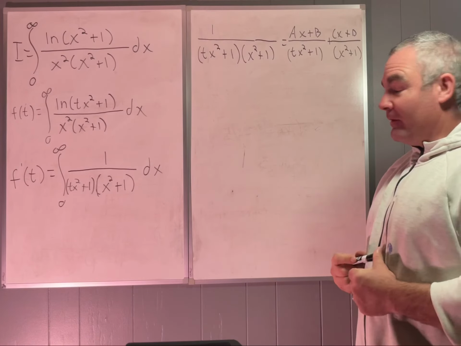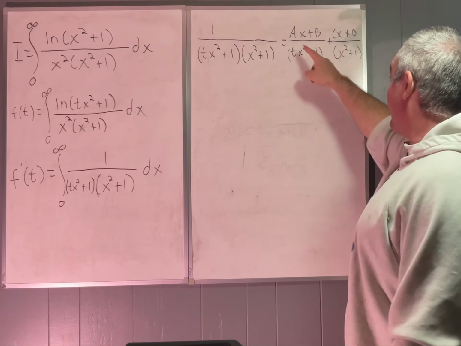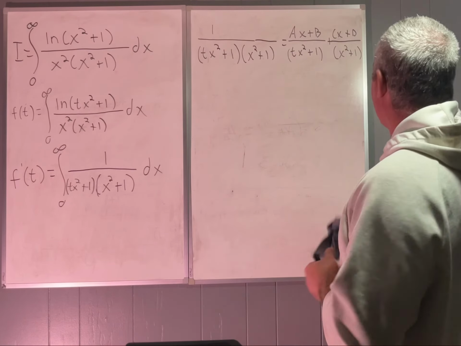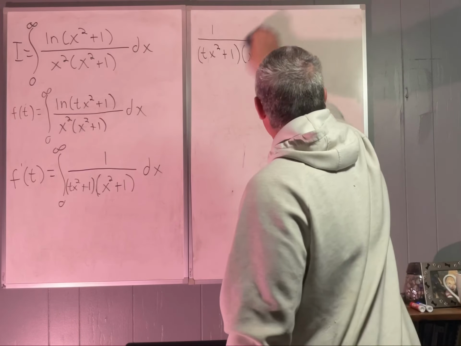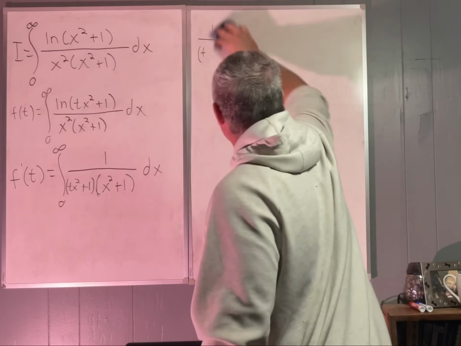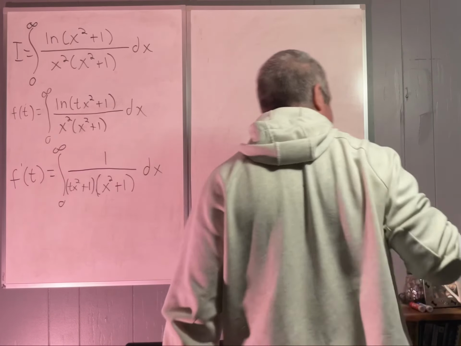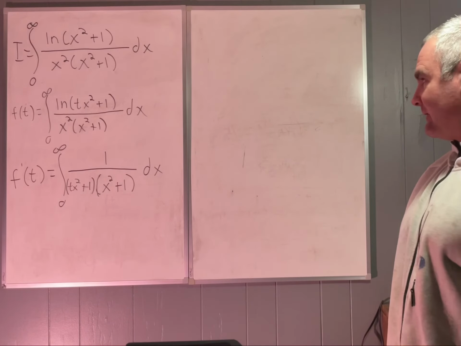And then that's a lot of algebra, but you can solve for A, B, C, and D that way. I'm sure you all knew how partial fraction decomposition worked, but for those of you who didn't, that's what you do. And that's how you break that up into two separate integrals that you can evaluate.